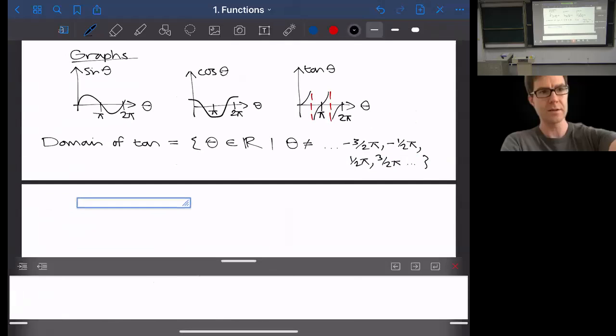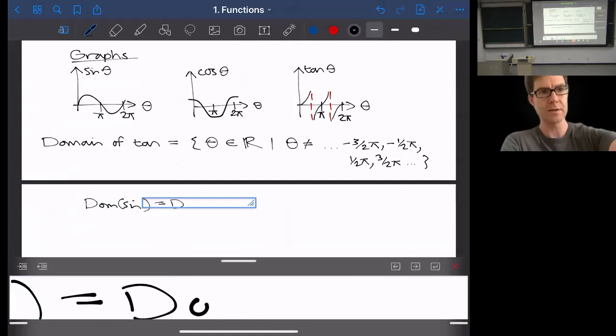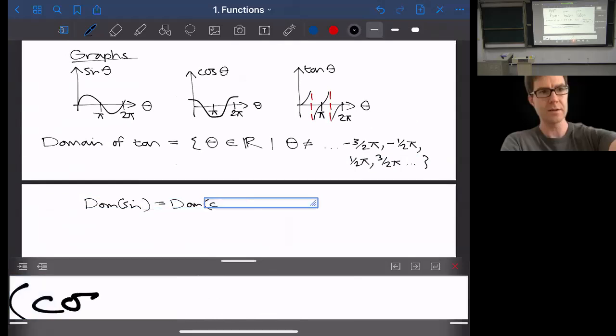Whereas the domain of sine and the domain of cosine are both R.